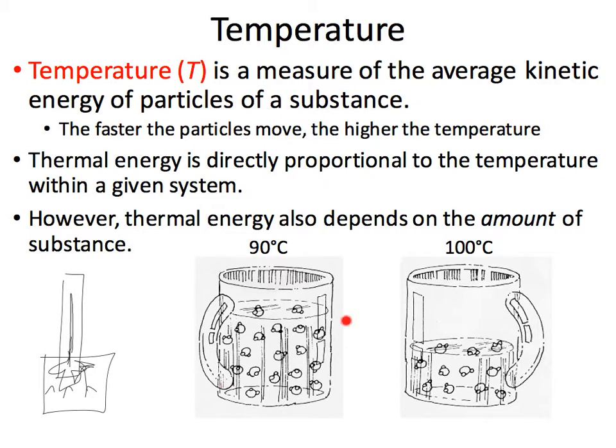However, what we fail to note is that this one has twice the amount of water molecules as this one over here, meaning that not only do these ones have to have a certain amount of thermal energy to get here, but all of these water molecules in here have to get over here. There are more water molecules possessing more energy, and so even though it's at 90 degrees, this one will have a lot more thermal energy than this one over here, due to the amount of water molecules that have to have a certain amount of energy to get to a temperature like this.